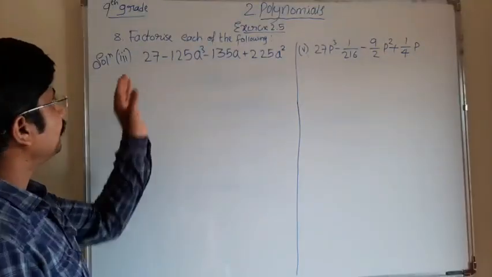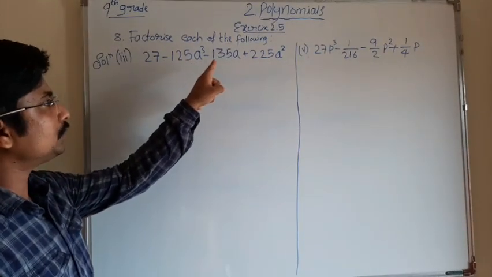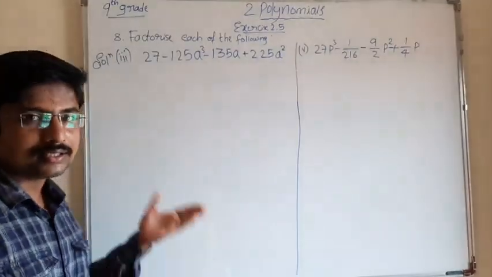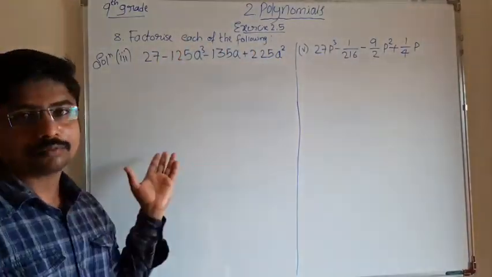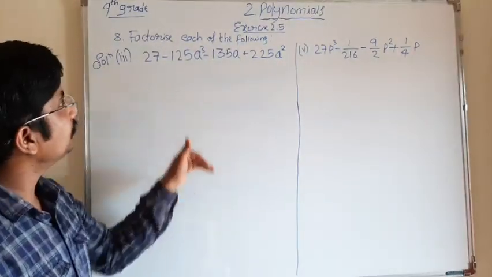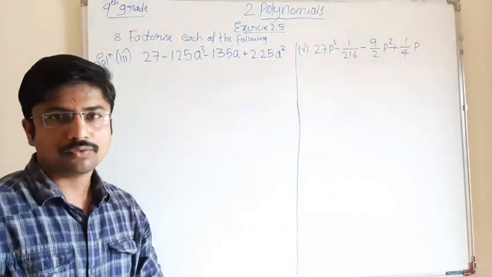So the third one, that is 27 minus 125a cube minus 135a plus 225a square. This is already the expanded form. We have to factorize it further and convert it into unexpanded form.